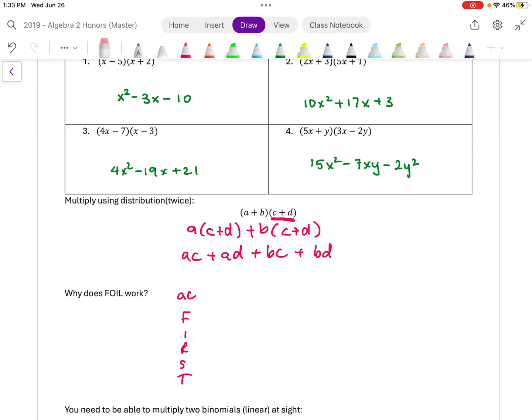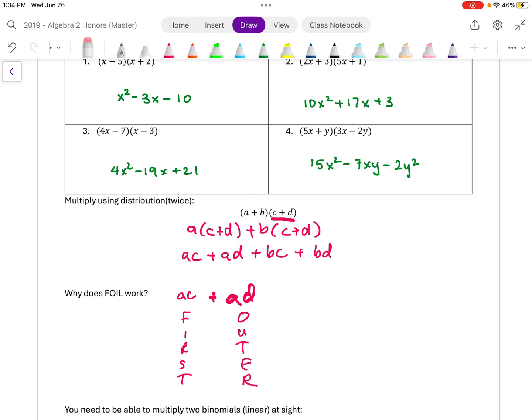Then the next term is AD, that's A and D, the outer two terms being multiplied. So AD is the outer.